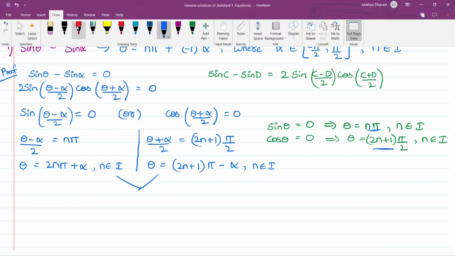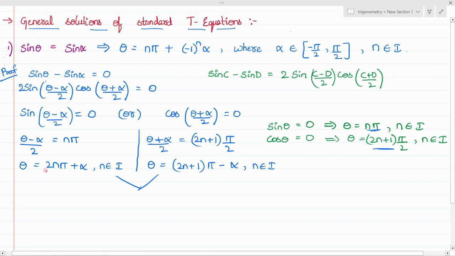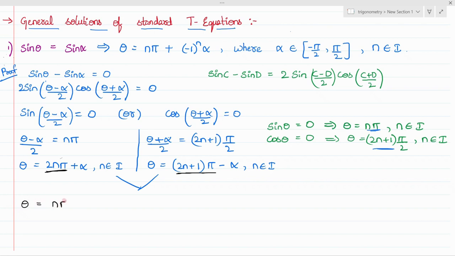If you observe properly over here, 2n pi is all the even multiples of pi. 2n plus 1 times pi is all the odd multiples of pi. So when we combine these two solutions, theta includes all the even multiples and all the odd multiples. So we can write it as n pi. n is any integer. It might be an even integer or it might be an odd one.